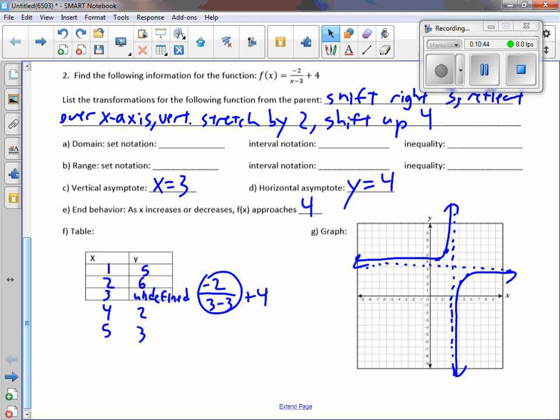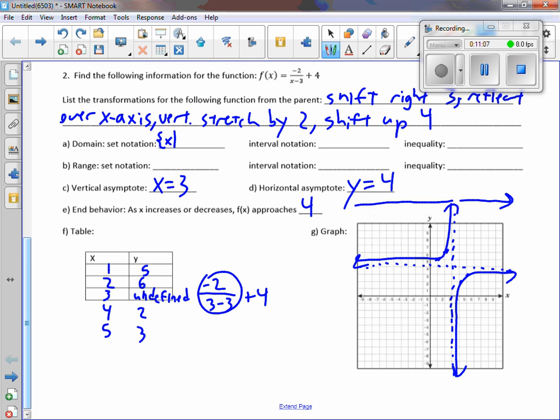The domain and range, just like before, domain is with set notation. Set notation means that squiggly line. Domain, if we were to go left to right, we're starting at negative infinity, we're going to jump over 3 because of the asymptote and then continue.